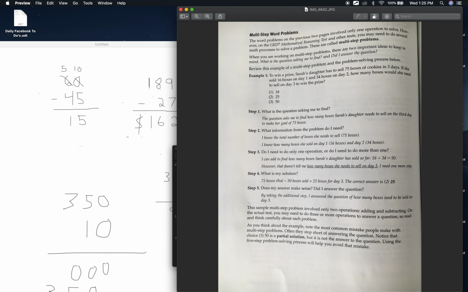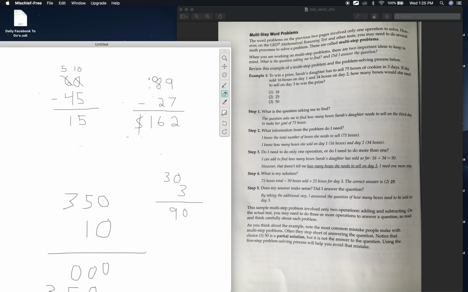What is my solution? So 75 boxes total, 50 boxes already sold. Sorry, 75 boxes total. The correct answer is 25, right up here. So how you would actually get that is, since you know she has 50 boxes, and the total of what you actually need is 75, you want to find the difference between those two numbers, 75 and 50.